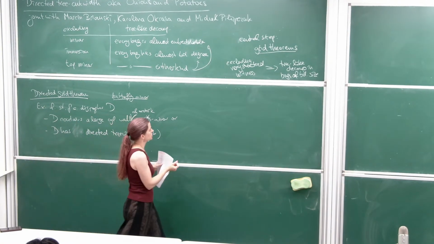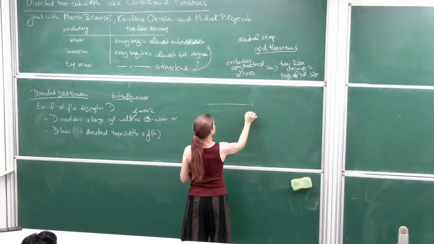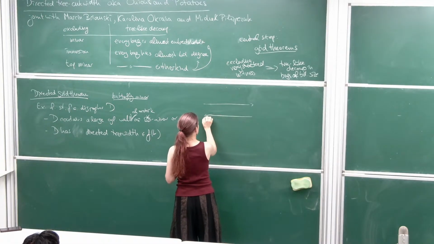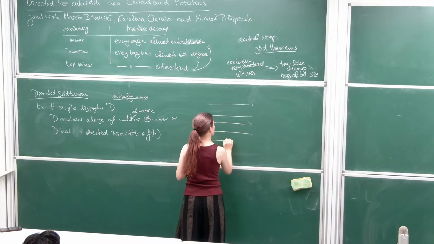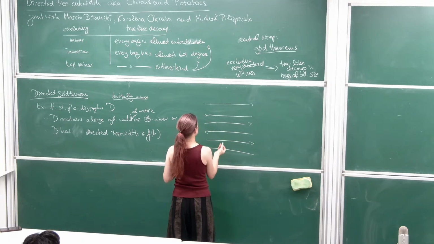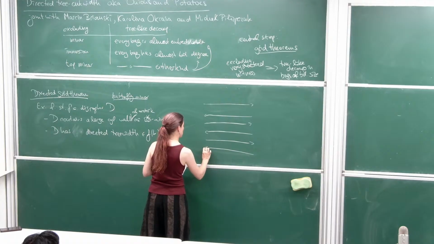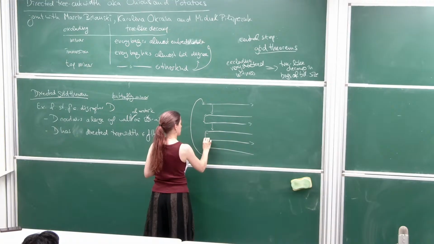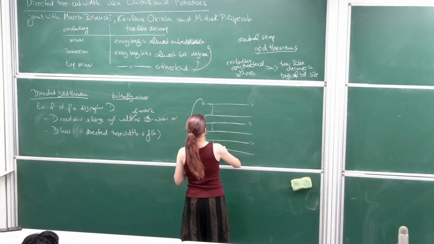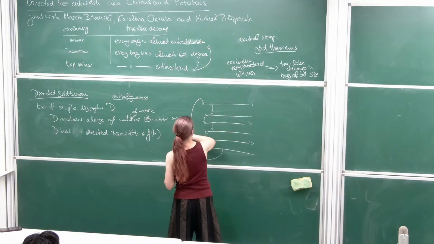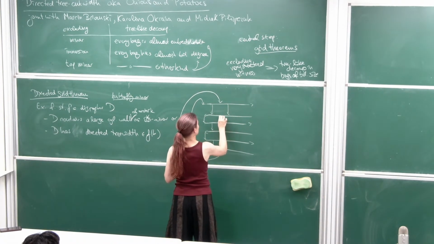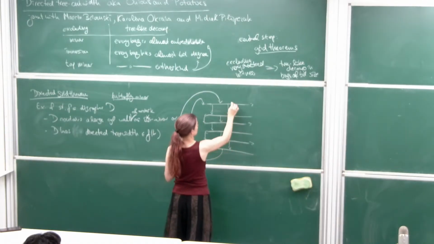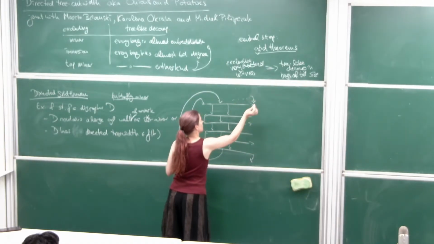The cylindrical wall is a directed version of a grid. Something like this, and so on. Basically, closed cycles like this.